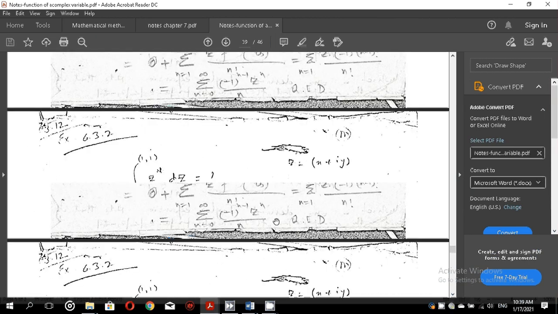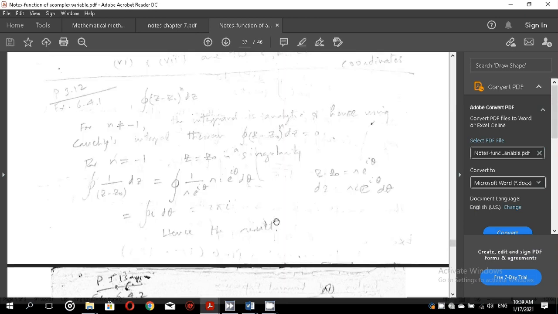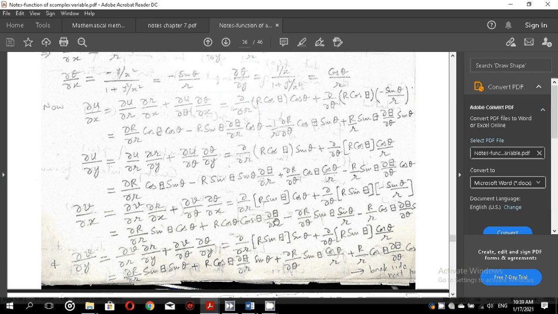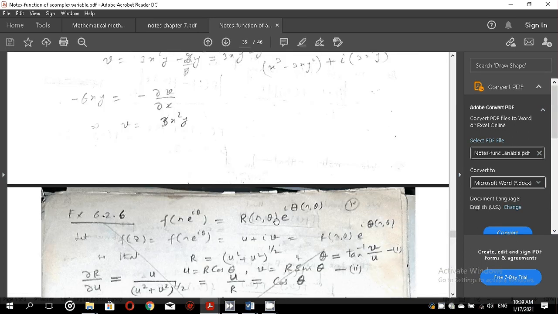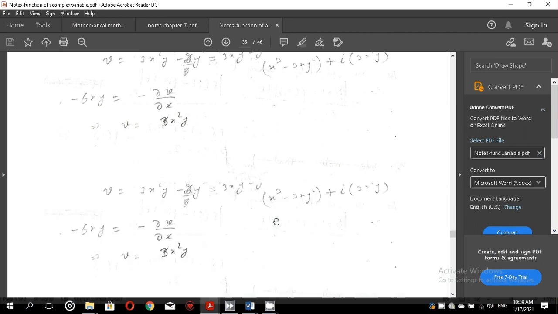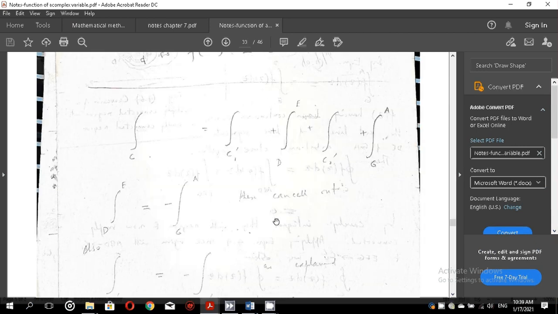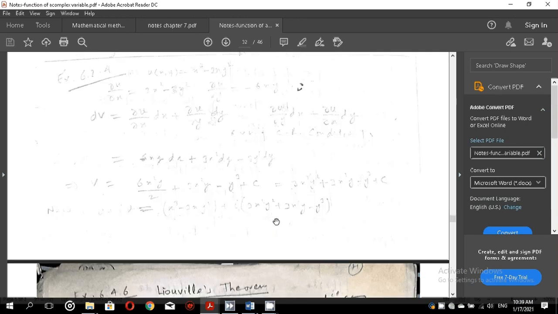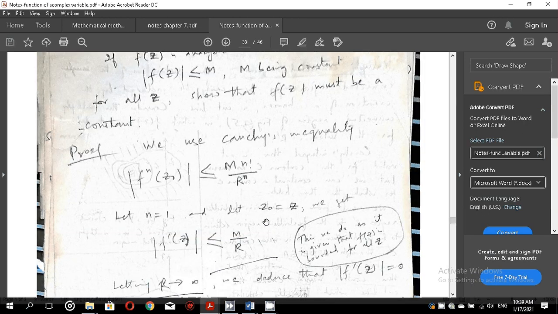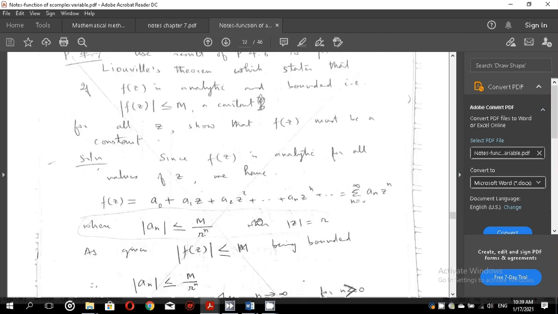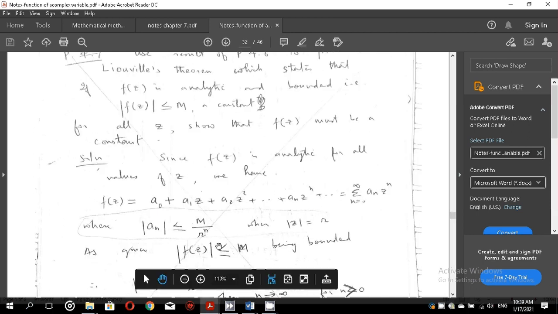Let me find it for you if I can, otherwise you can see this yourself somewhere on some page. This exercise is solved. Okay, so this is the solution given on this page.